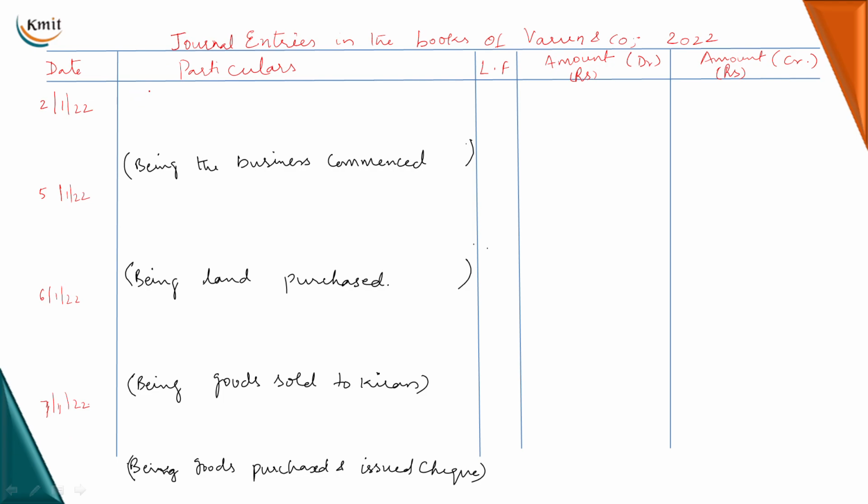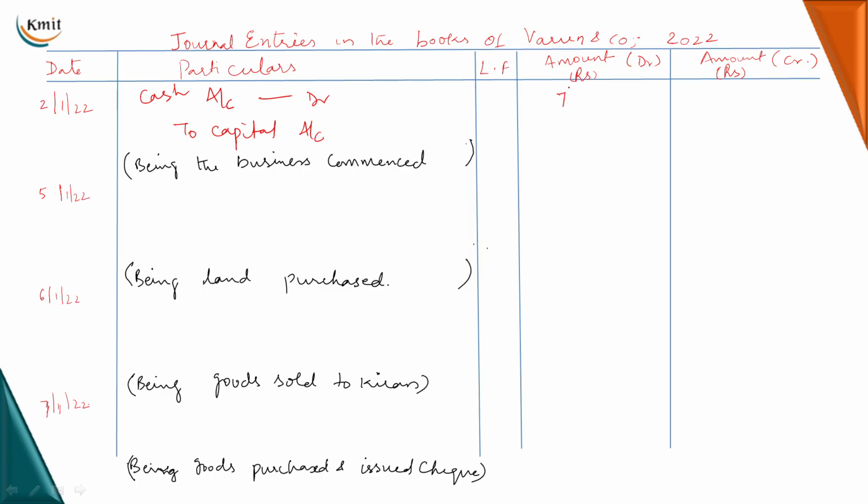This is the journal entry for the first transaction: cash account debtor to capital account. Now what is the amount here? What is the amount of the capital that is introduced?